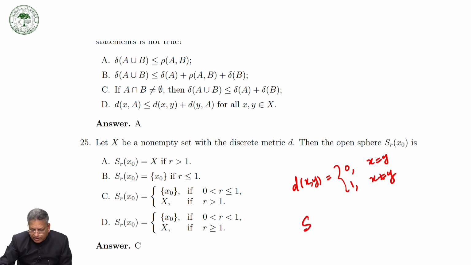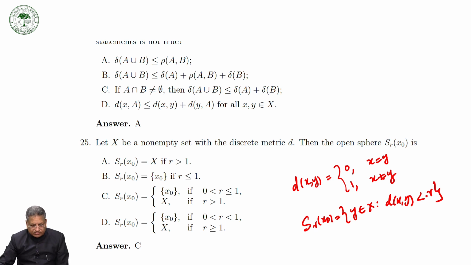And now what is S_r(x0)? S_r(x0) is the set of all points y in X such that dxy is less than r. Now you can see here, if r is greater than 1, because this is always 0 or 1.